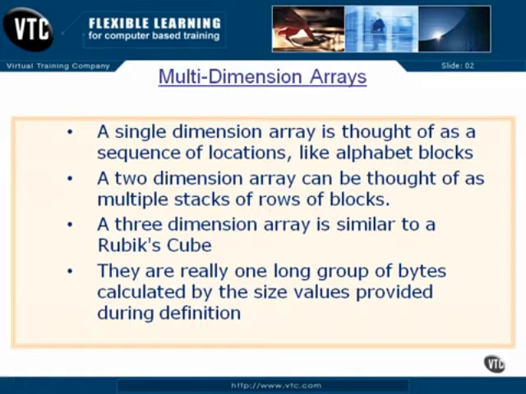We've so far discussed single-dimension arrays. Now we need to talk about multi-dimensional arrays. A spreadsheet, like in Excel, is a 2-dimensional array of rows and columns, or elements in a database. A single-dimension array is similar to a series of alphabet blocks set along in a row. They can be integers with numbers on them.